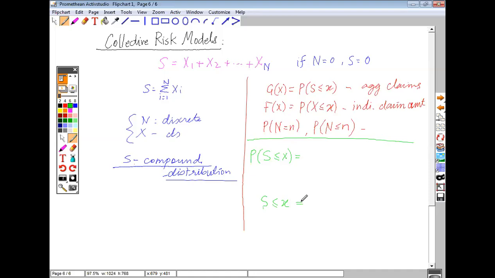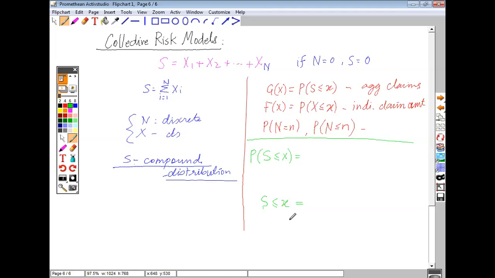So again, remember, whenever we are talking about N, it just represents the number of claims we have. And when I'm talking about X, it represents the amount of claims we have. So if I'm saying that my S should be less than small x, then in a way I know that my addition of all the capital X's should be less than small x, right?